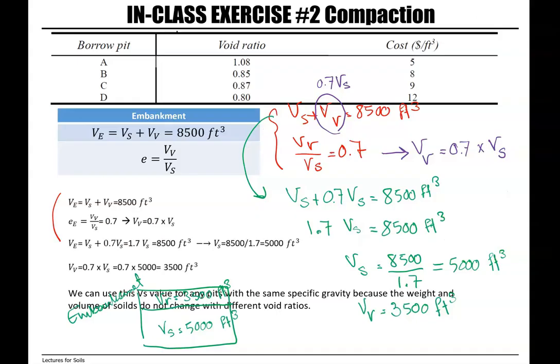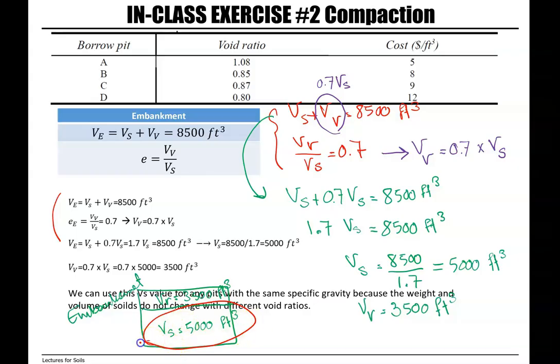It means that we need to bring the same amount of solids from all of these pits. Because they have different void ratios, we cannot use the total volume. We cannot use the 8,500 cubic feet because they all have different void ratios. But we can use volume of solids.